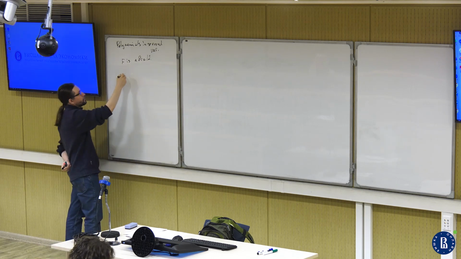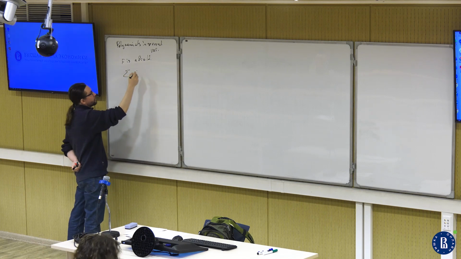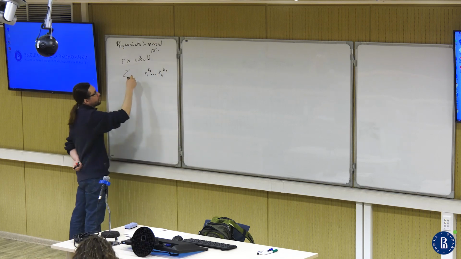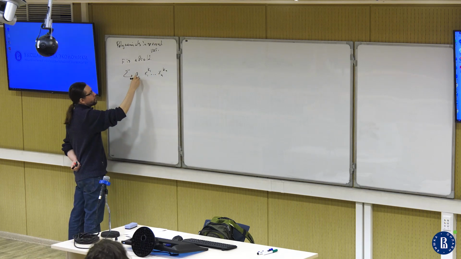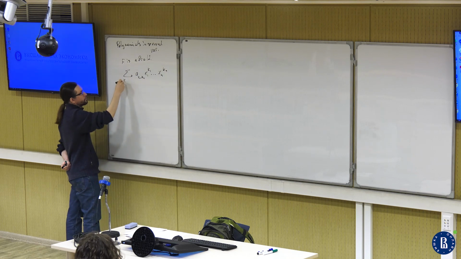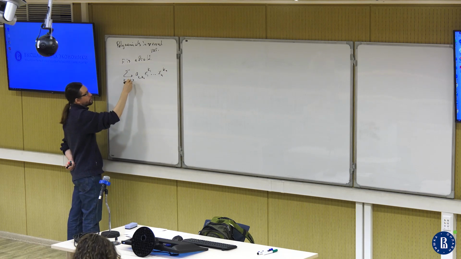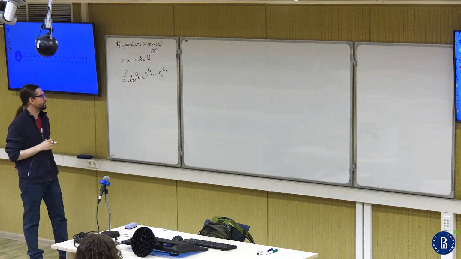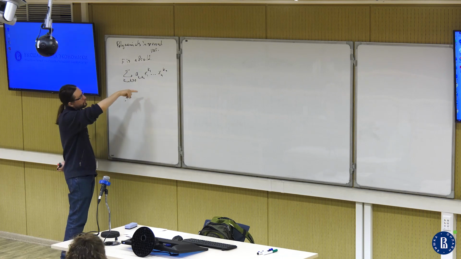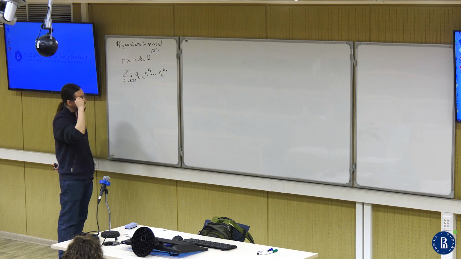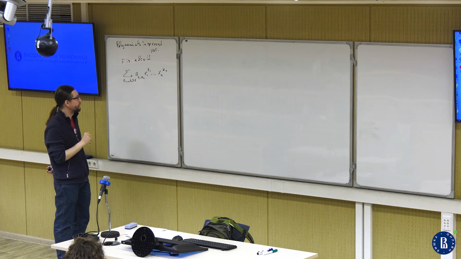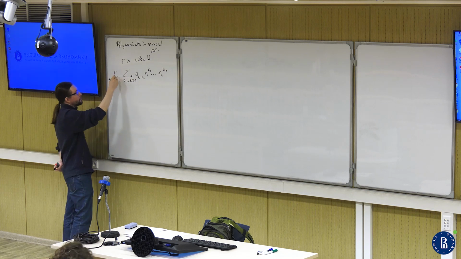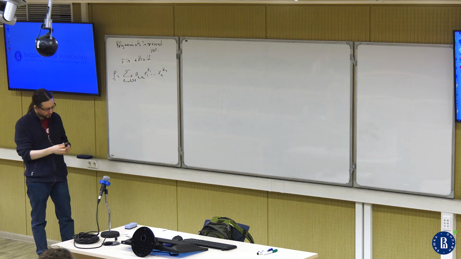Well, it's an expression of the form: the sum of x1^k1 ... xn^kn times a_{k1...kn}, and the sum goes through all k1, ..., kn which are non-negative integers. And also the number of non-zero summands must be finite. So only finitely many coefficients are not zero. And this expression is called a polynomial in several variables.